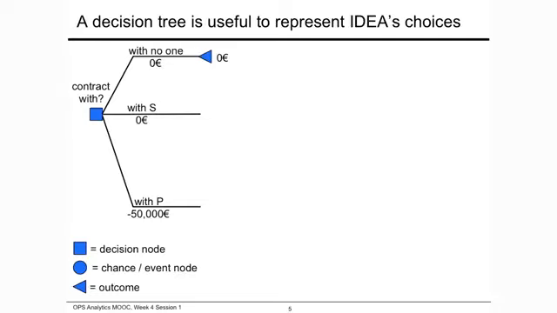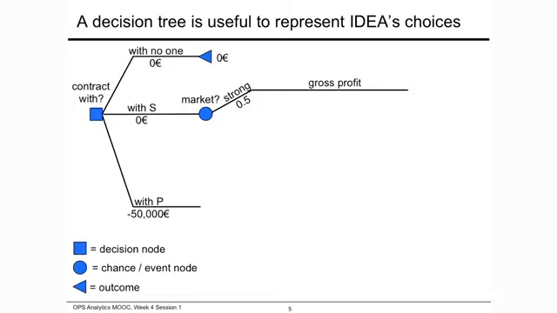Now that we've defined the decision node, the next thing that happens is an event, whether the market is weak or strong. If the market is strong and IDEA contracts with supplier S, that happens with a probability of 0.5. In that case, we can calculate the gross profit.